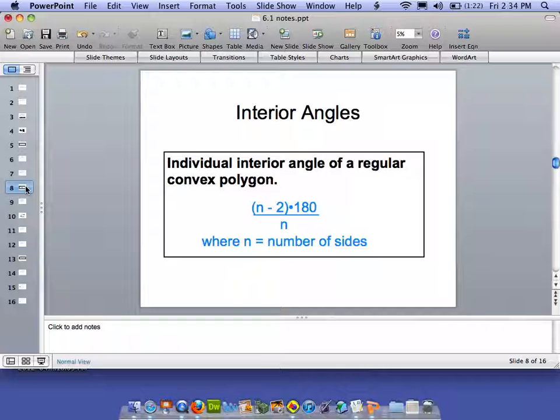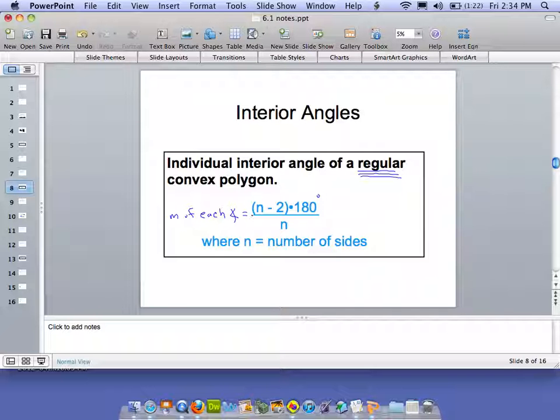To find individual interior angles, if I'm talking about a regular convex polygon, so this only applies to regular polygons, the measure of each angle is given by the formula n minus 2 times 180, which would be the sum of all the angles.